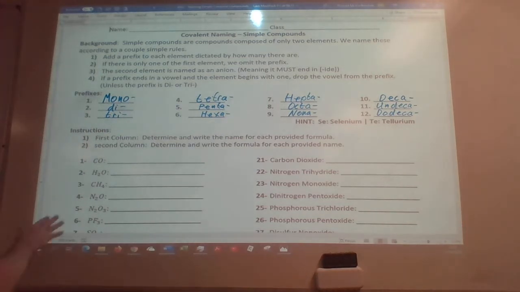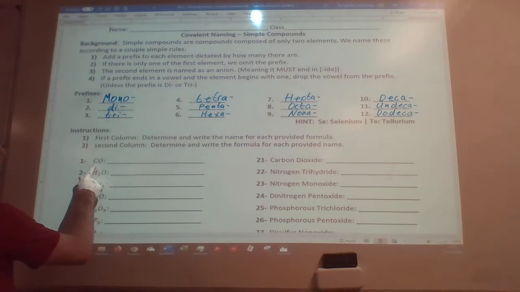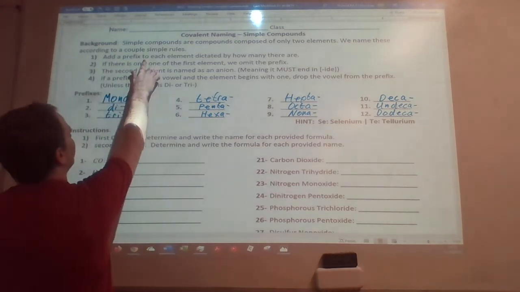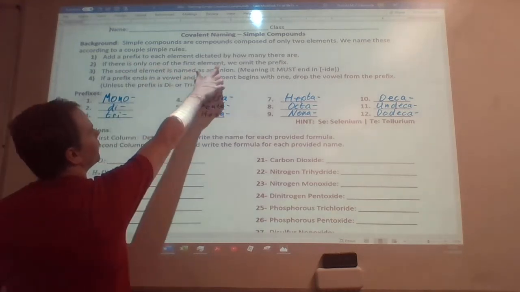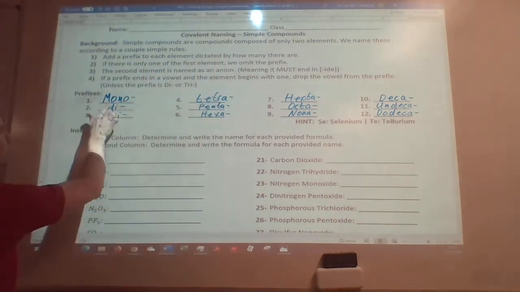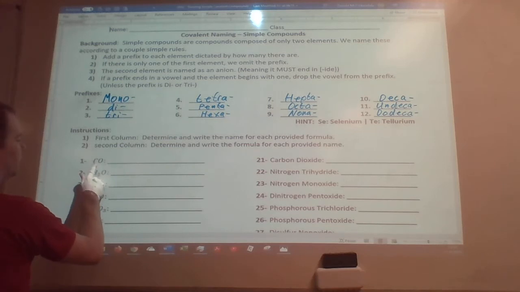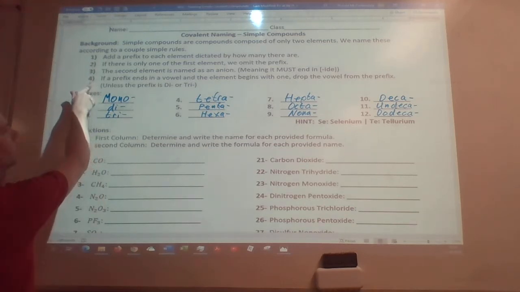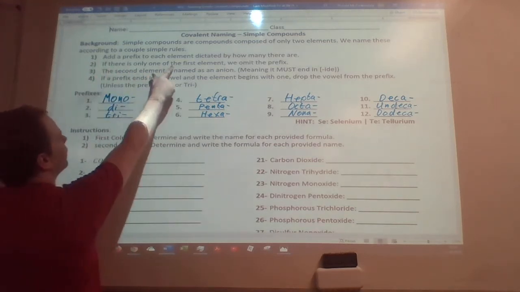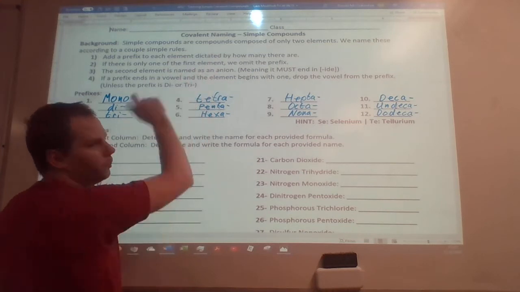Looking at our first one, we have 1 carbon and 1 oxygen. So we would say the prefix that states how many there are, mono for both: monocarbon, monooxygen. But there are a couple other rules here. If there's only one of the first element, we don't put a prefix.